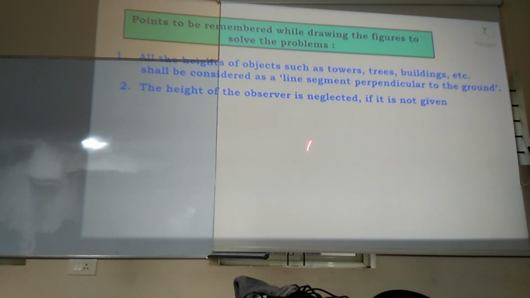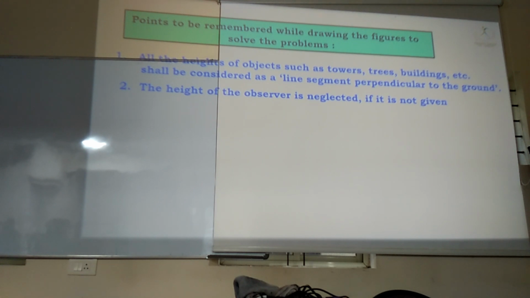The eye of the observer is neglected if it is not given. If a person is standing on top of a tower, they would have given the height of the tower, but not the height of the person. So the height of the person is neglected.